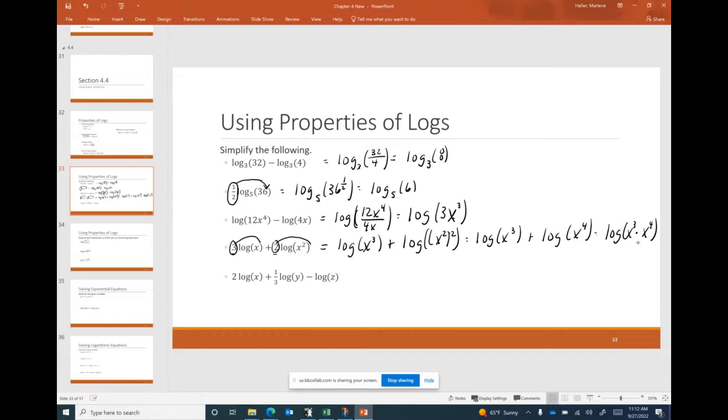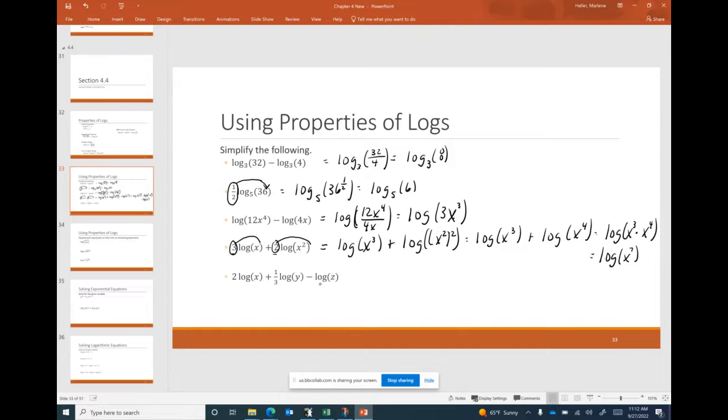Because they're sums, they will become products. And then I can simplify that argument a little bit further. What is x cubed times x to the fourth? When I multiply exponential expressions, I add the exponents, if the bases are the same, of course. So this then becomes the common log of x to the seventh.